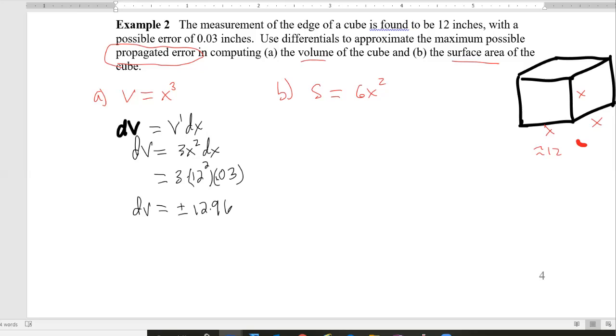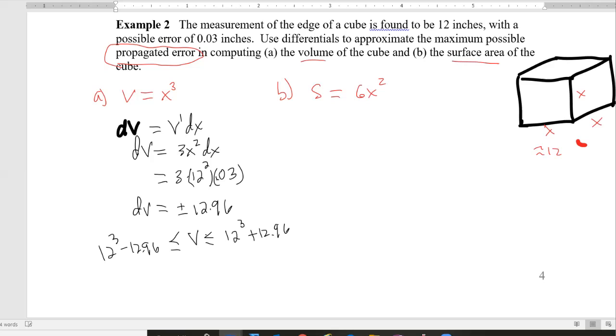So that's a possible error, which basically means that the actual volume is somewhere between 12 cubed minus the 12.96 and 12 cubed plus the 12.96.